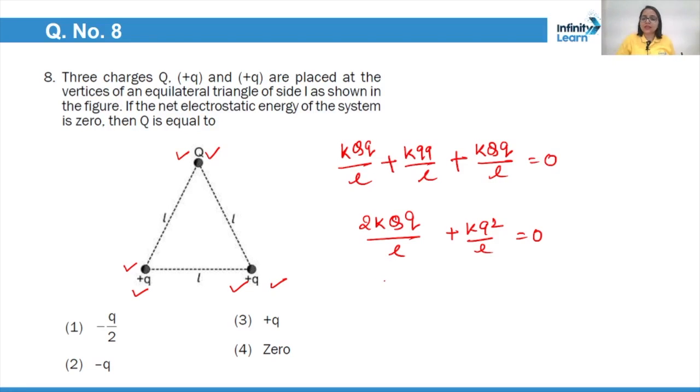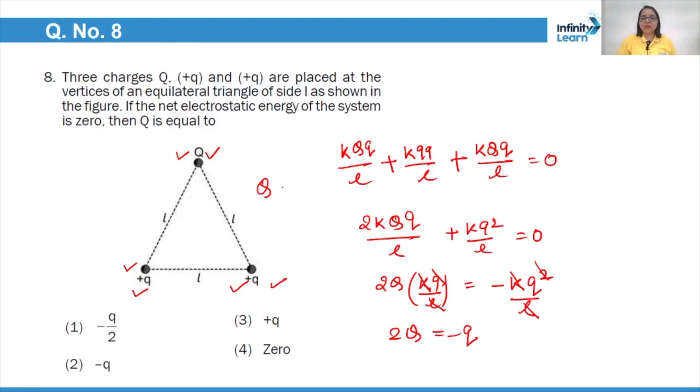You can write it as 2Q into Kq upon L is equal to minus Kq square upon L. You can cancel Kq upon L from this term. So we are left with 2Q is equal to minus q, and capital Q is minus q by 2, which is option 1. So the correct answer is option 1.